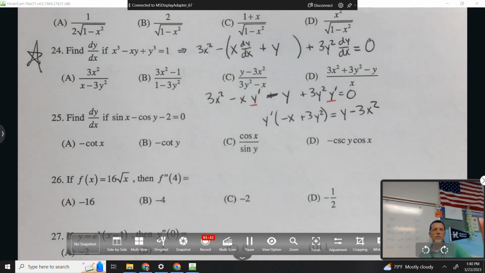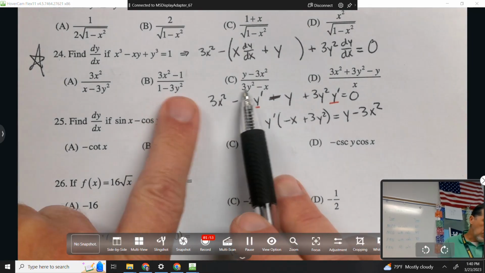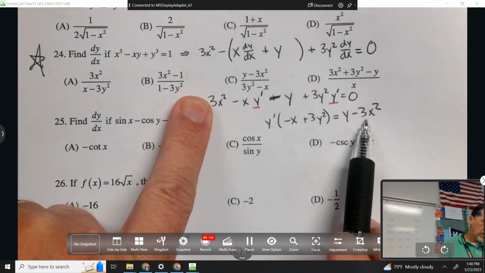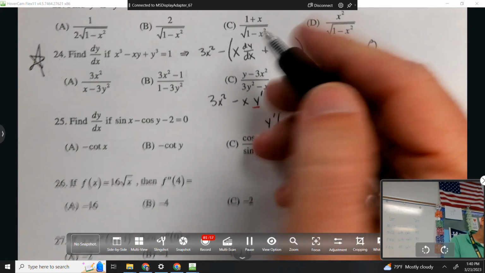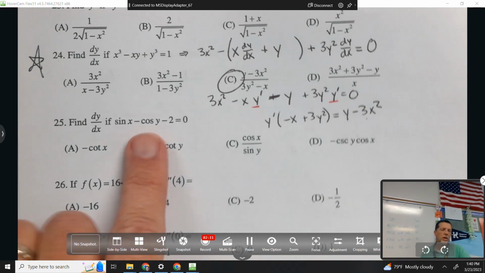So doing a bunch of algebra steps in one there. Factor out the y prime, move the other stuff over, and then start looking at my answer choices. Y minus 3x squared over 3y squared minus x would be C. So that's implicit.